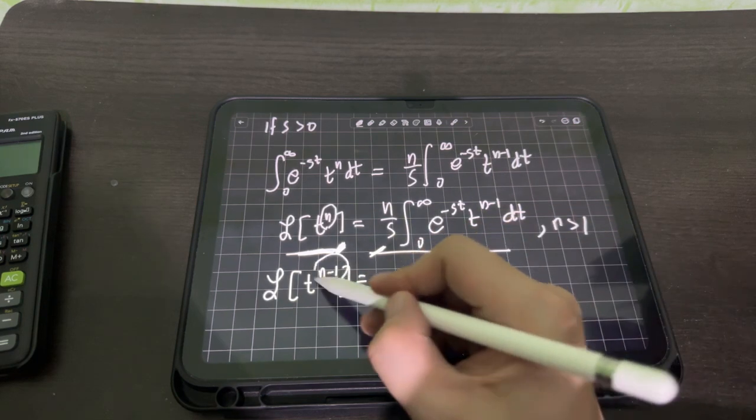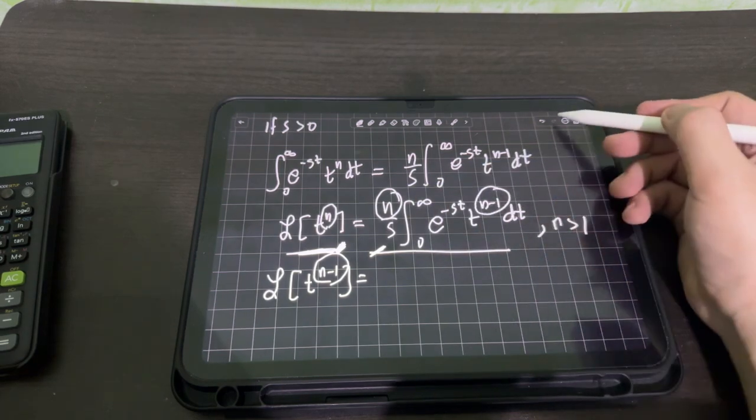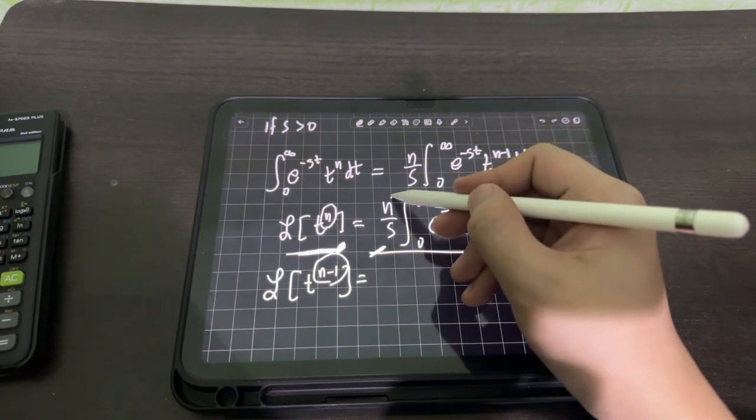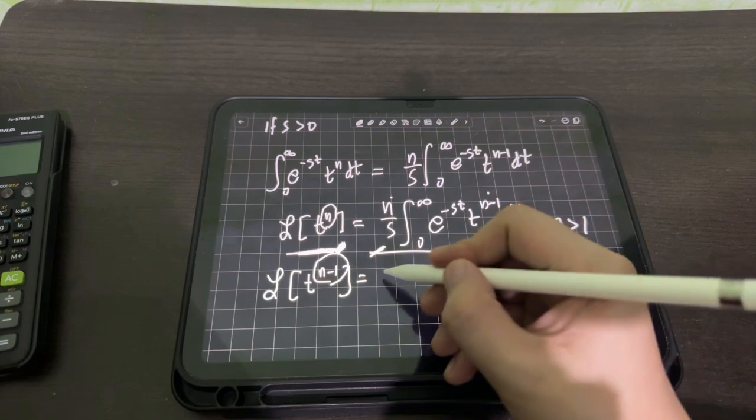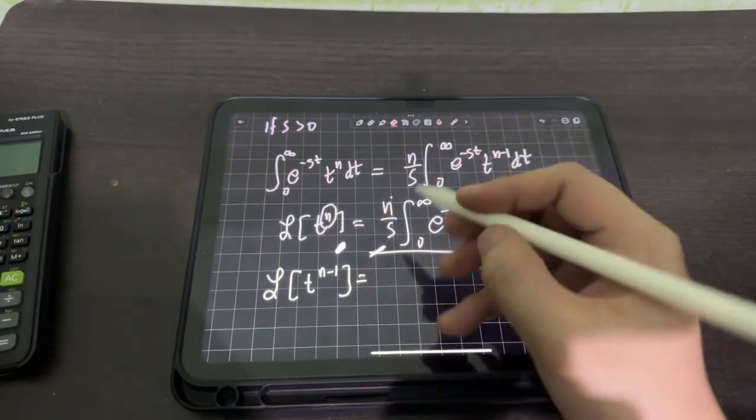If we change the power of t to n minus 1, also all the n here will be affected. We will replace this n with n minus 1.